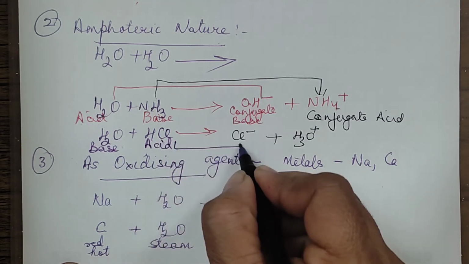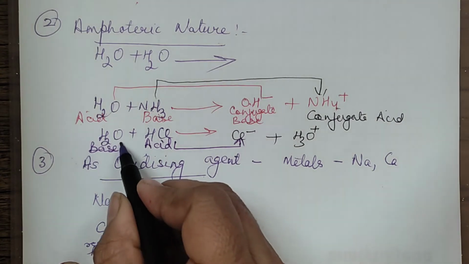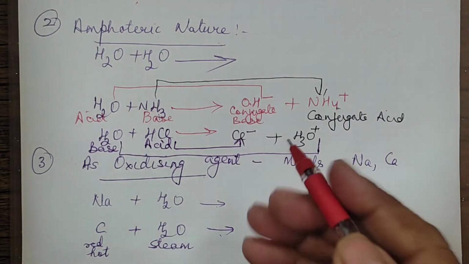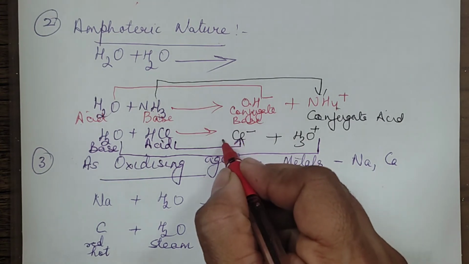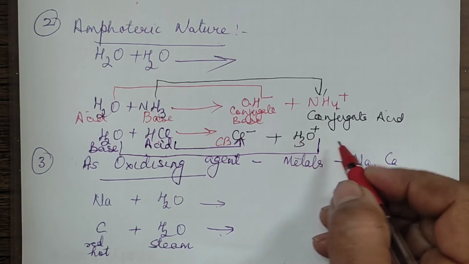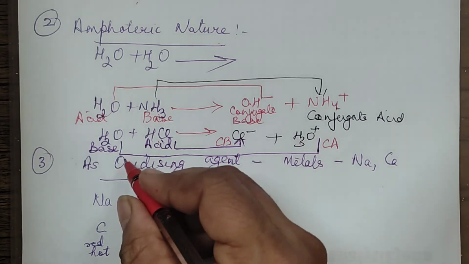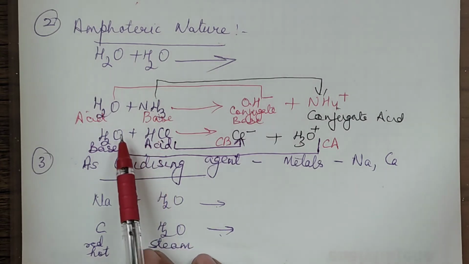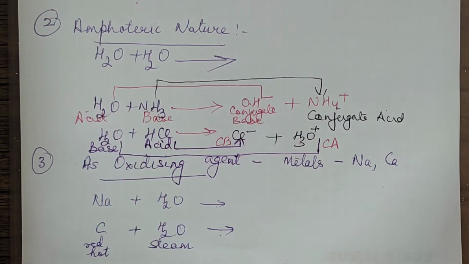So we can say this Cl- is a conjugate base of HCl. H3O+ is a conjugate acid of water. So water has a tendency to lose proton as well as gain proton. So it is amphoteric in nature.